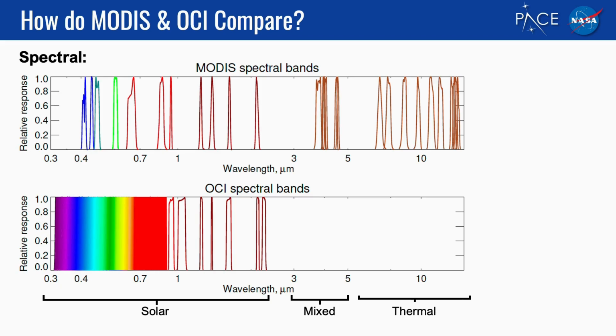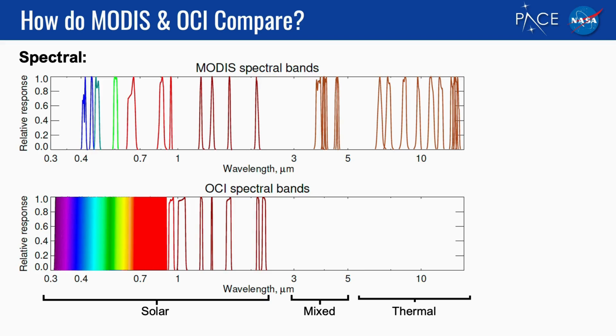And these bands go from the blue wavelengths around 0.4 microns to the thermal infrared at 15 microns. OCI, in comparison, has continuous spectral coverage from about 340 nanometers, or 0.34 microns, to about 0.9. PACE also has 7 shortwave infrared bands.